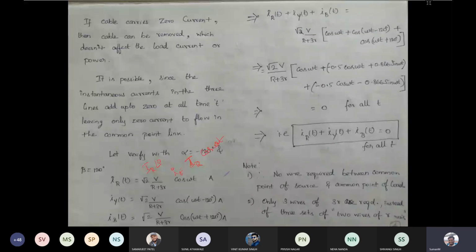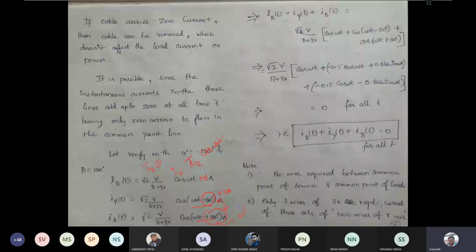Like that I had considered for all the phases, each shifted by 120 degrees. Initially I have considered 0 degree, and after that minus 120 degree and plus 120 degree. Here I have taken minus 120 degree and here plus 120 degree, but it can be shifted also. If you consider plus 120 degree for the Y phase, it should be minus 120 degree for the B phase.